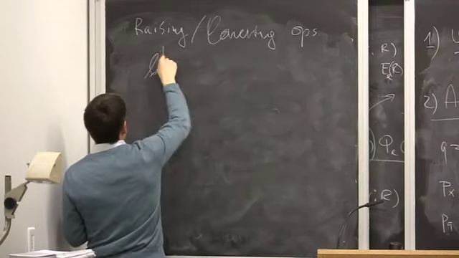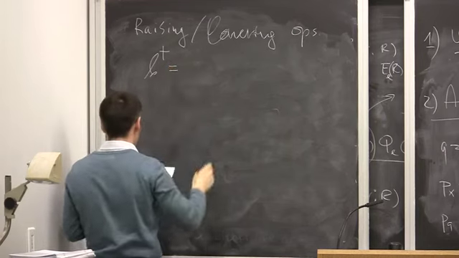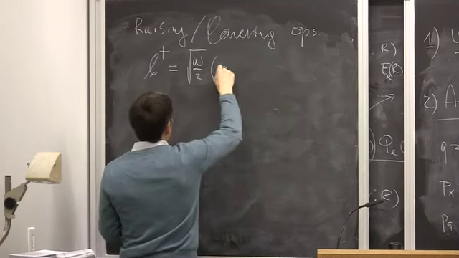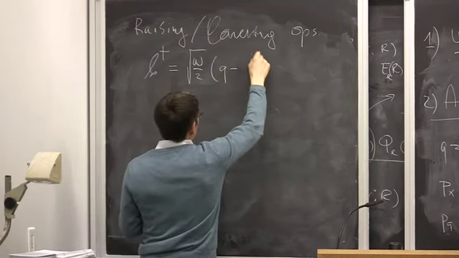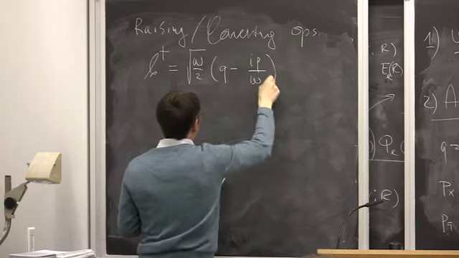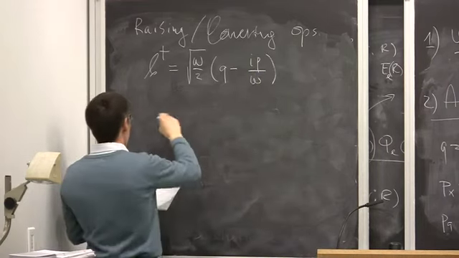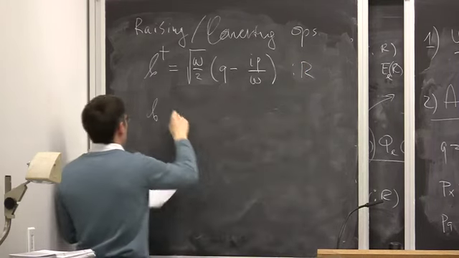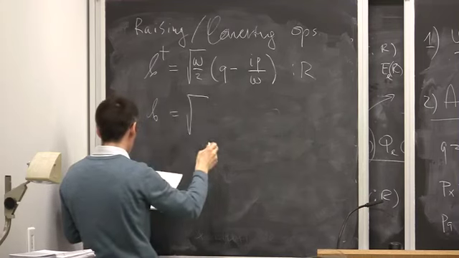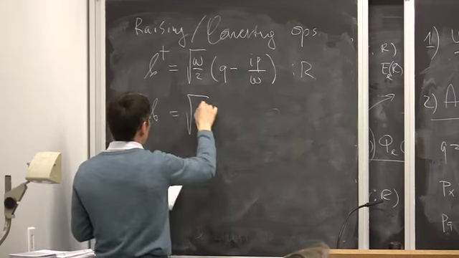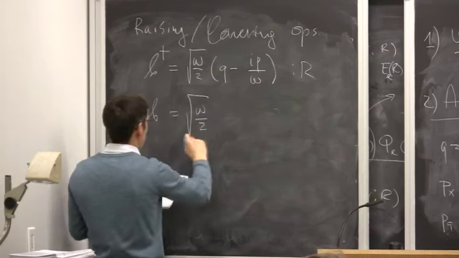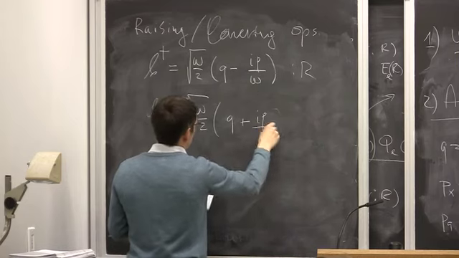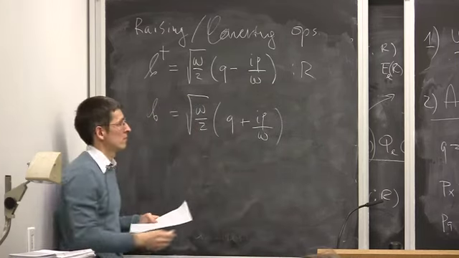So the raising operator, B dagger, will be square root of omega divided by 2 times Q minus IP divided by omega. And this is a raising operator. The lowering operator, which is also the Hermitian conjugate of the raising operator, is square root of omega divided by 2 times Q plus IP divided by omega. Okay.